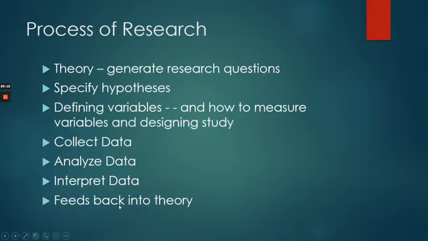And also at the end of your discussion, you talk about, okay, well, I did this specific study. How does it address that bigger issue that I started with way at the beginning? So not only is this the process of research, but also this is going to be the format of your research paper. And again, we'll talk a lot about that as we go through class.